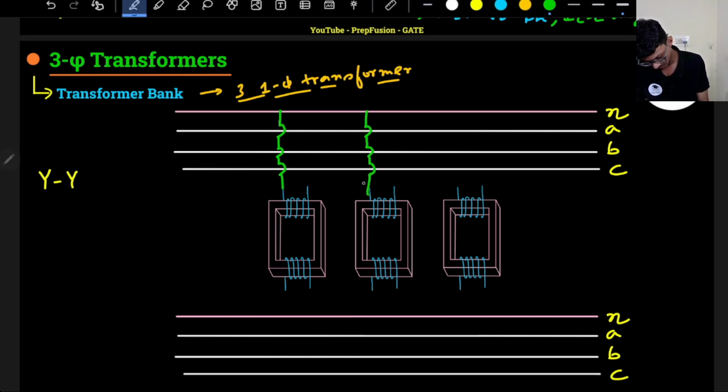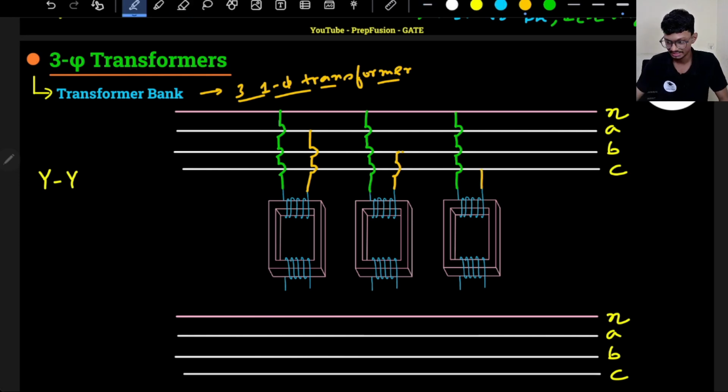As it is a YY connection, this one also will be connected to the neutral. And each phase will be connected to each of the transformers. So phase A will be connected here, phase B will be connected here, and phase C will be connected here. That's it.